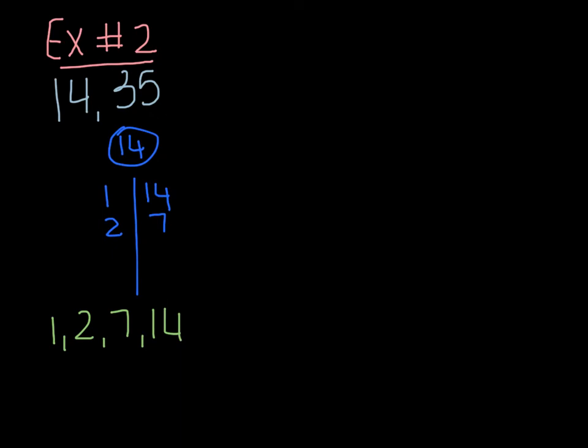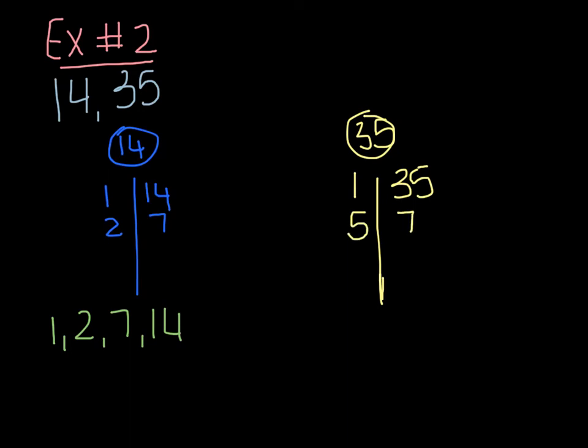And now I'm going to do the next number, 35. 1 and 35. It's not divisible by 2 or 3 or 4. It is divisible by 5. So 5 times 7. And that's going to be it for our factors of 35.